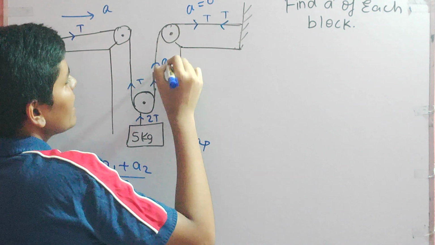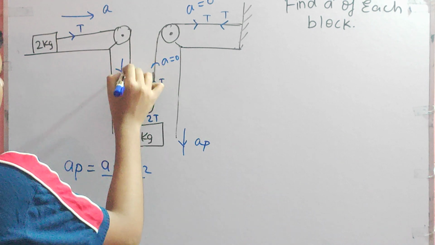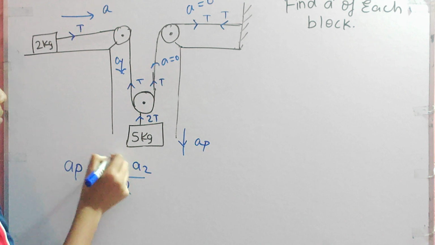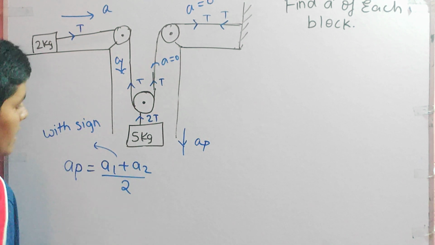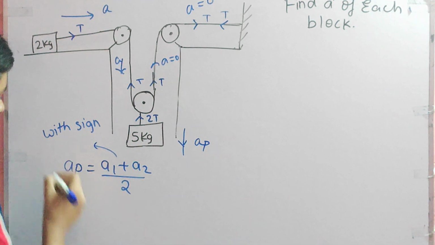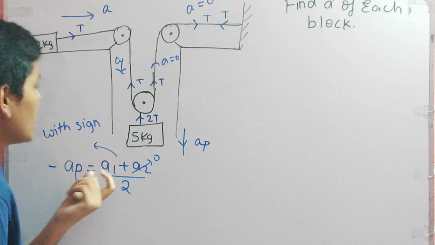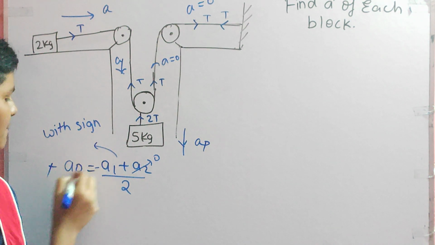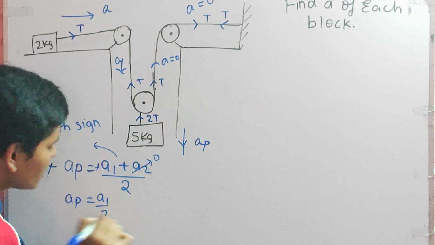So here also A is equal to 0, but from here the acceleration is coming down, A. One thing we should remember in this formula is that A1 and A2 we should put with sign. Now AP is going downward, so AP is negative. A2 is 0, so let it be 0. A1 is also coming downward only, so it is minus A1, and minus minus gets cancelled. So AP is equal to A1 by 2.